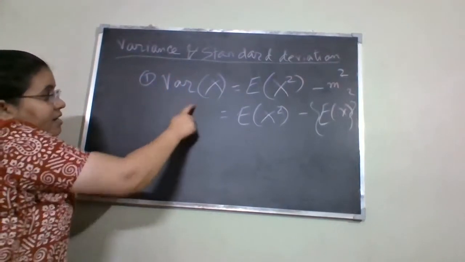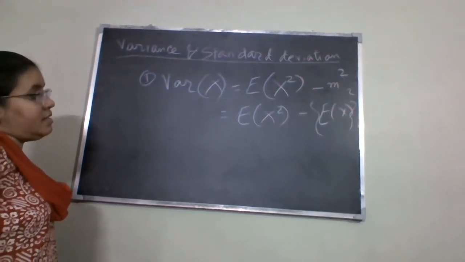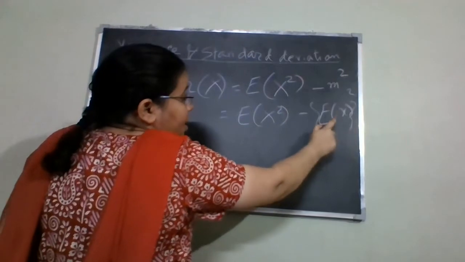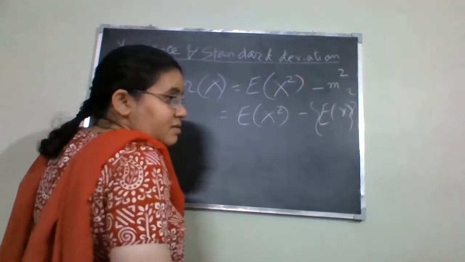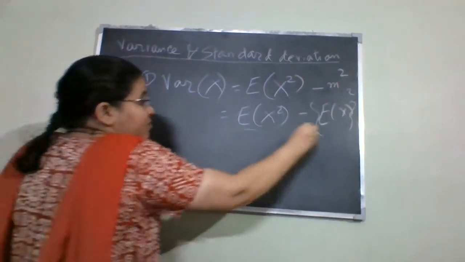Var X is equal to E(X squared) minus (E(X)) squared, because m means expectation of X. Remember, there is a difference between these two.